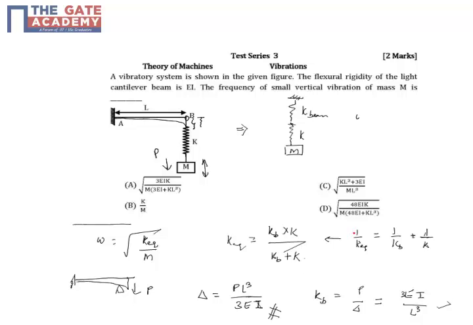Similarly, if the spring is attached at the middle of a simply supported beam, then the delta in terms of P will change appropriately. So this formula is only for the cantilever beam. Once we have 3EI by L cube as the beam stiffness, and the secondary spring is K only, you just have to substitute it here.